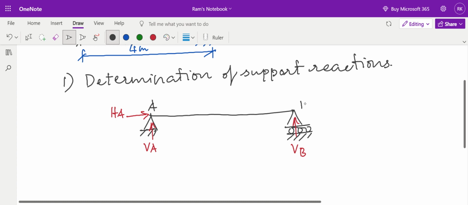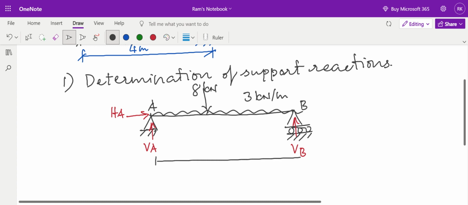This is end A, this is end B. It is loaded with a UDL of 3 kilonewton per meter, and this 8 kilonewton point load is acting at a distance of 1.5 meters from the left hand side and 2.5 meters from the right hand side. Let's call this point C.